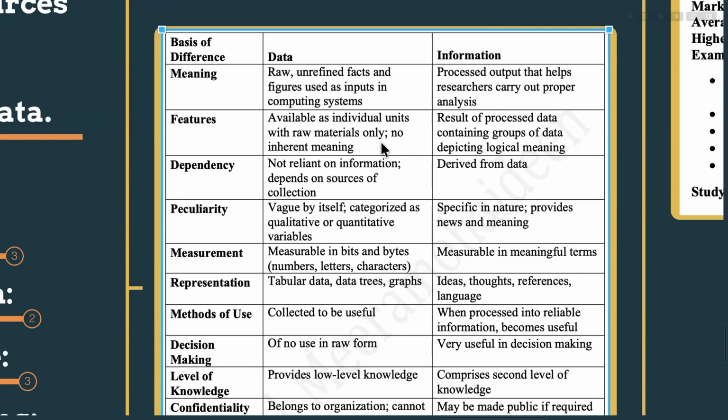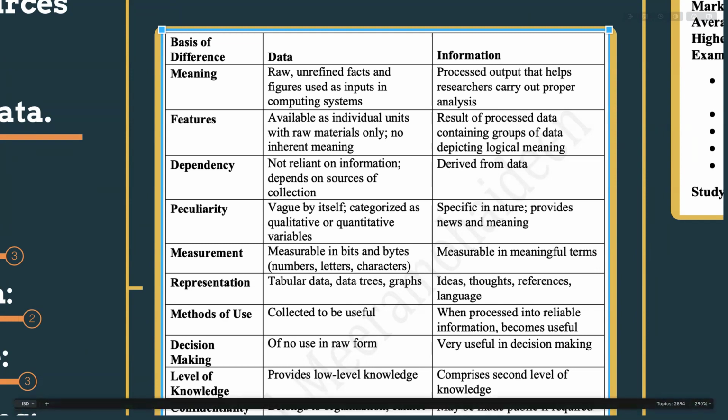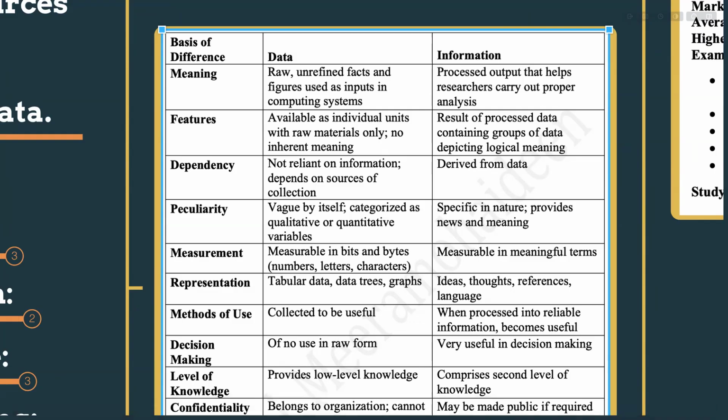Data is also available as individual units of raw material only. There's no inherent meaning. It's like individual three-wheeler trips, say Colombo Fort and 2 kilometers, rupees 200.